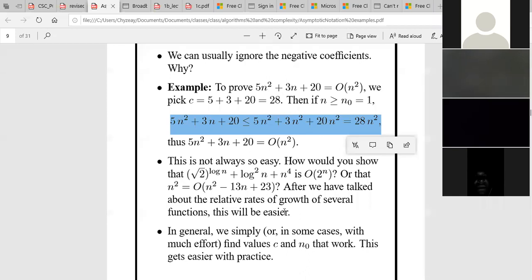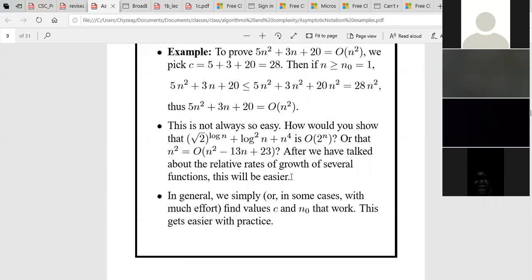So what we have is a good expression to validate our system. This is not always as easy as we have done it here, because if you are talking about log of n, it might be difficult for you to prove as it is here.